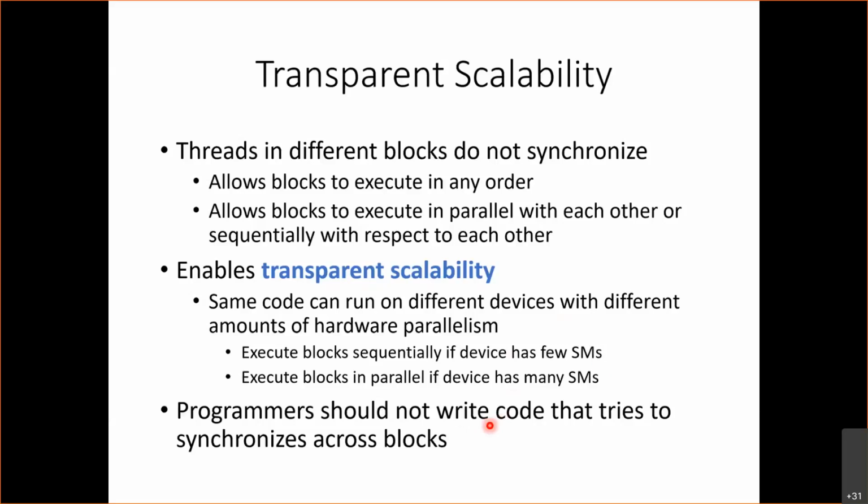If I come and try and synchronize across all the blocks, well, some blocks are running, but some blocks are waiting. So what happens? The blocks that are running are waiting for the blocks that haven't started running yet to synchronize with them, but the blocks that haven't started running yet are waiting for the blocks that are running to finish in order for them to start running. Is that clear? So nothing will run.